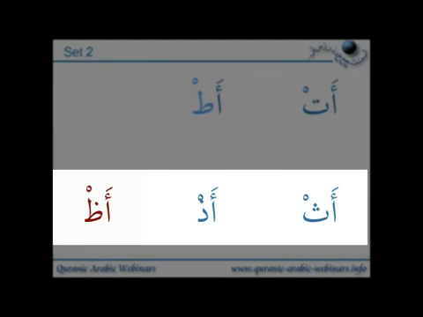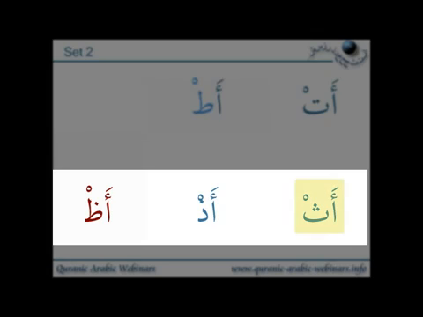Now the third one is one of the ones that people really get confused with. We have the tha, the dhal, and the dha. The dhal and the dha effectively are a tarqiq and tafkhim pair, i.e. the dha is a heavier version of the dhal.